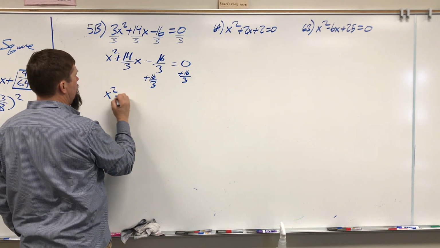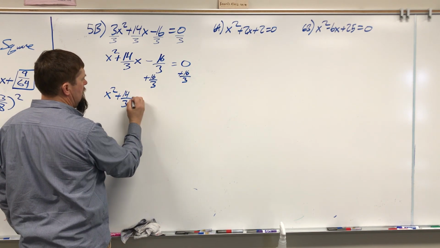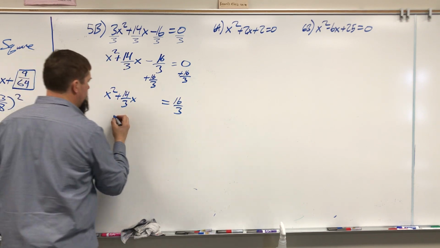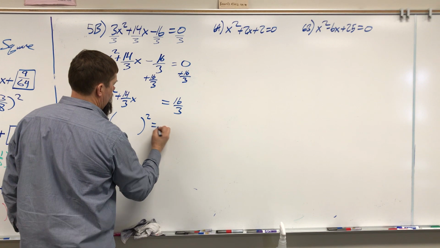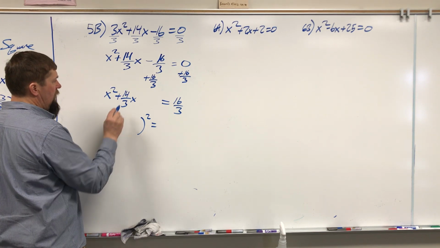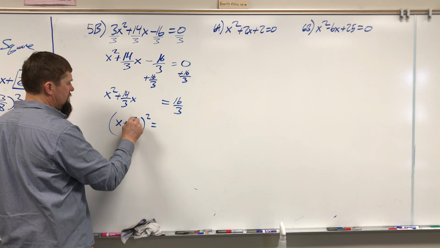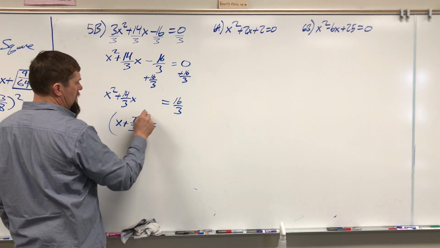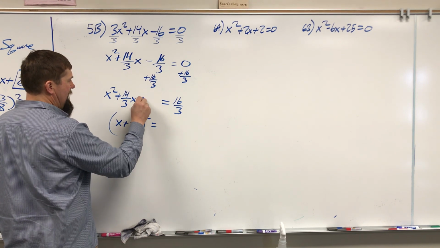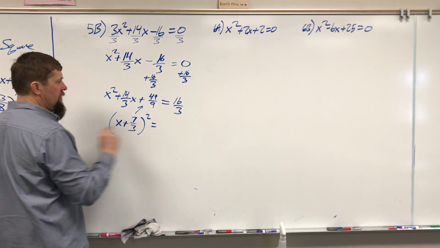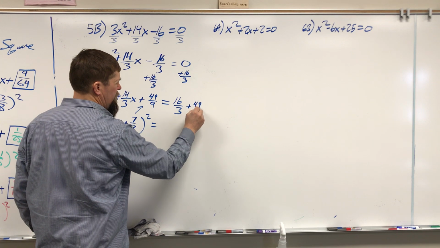I get x squared plus 14 thirds x equals 16 thirds. And again, I leave a space here. Make it into a perfect square. Half of 14 thirds is 7 thirds, so x plus 7 thirds. I'm going to then add 49 ninths. Remember, you square the 7 thirds to both sides.